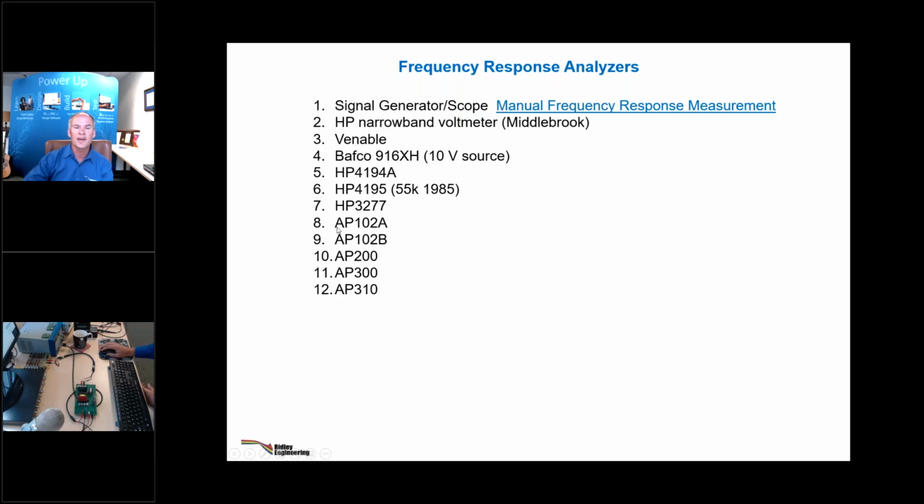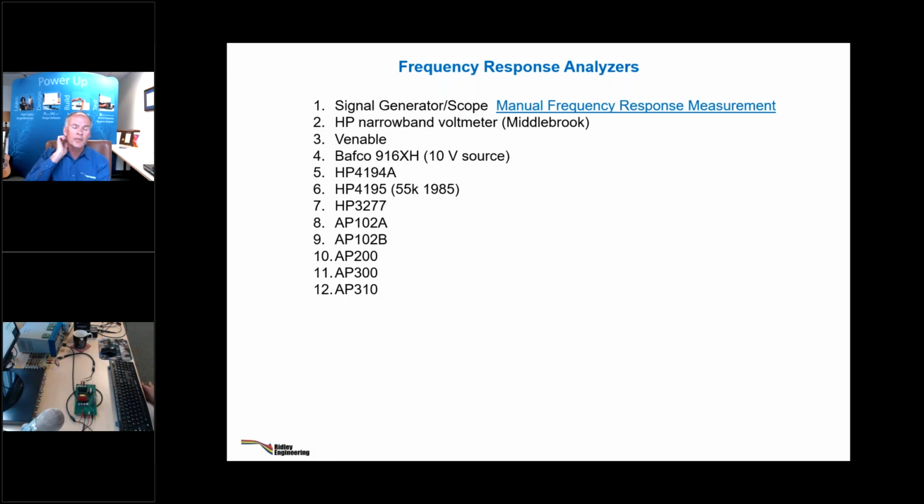So Alan Phillips of AP Instruments, he used to work at HP, and he could see this coming. He said, well, they're just not working on software. They're doing nice hardware, but it was time, the PC era was with us. So he came out with the AP 102A, the 102B, the AP 200, AP 300, AP 310.